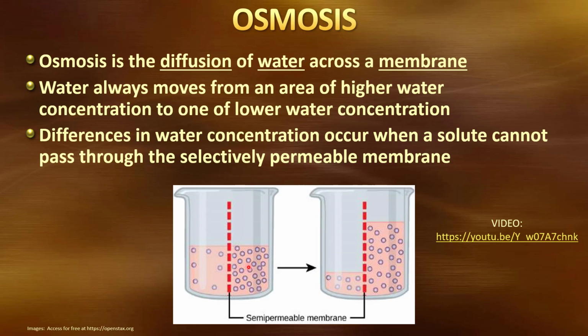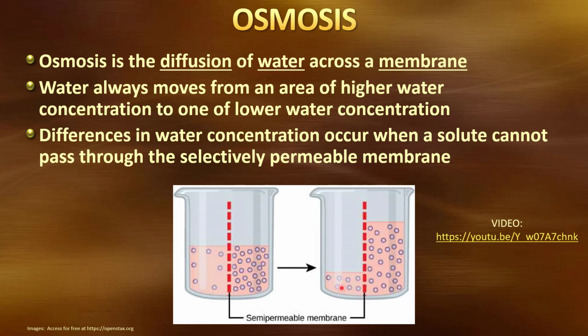But the other molecules across the membrane typically can't move through the membrane. The membrane is much more permeable to water than it is to the other things that are on either side of the membrane. What that means then is water can move, but the solutes, the things that are dissolved in water, can't. And that's what they're trying to show here on this right-hand side with the beaker.